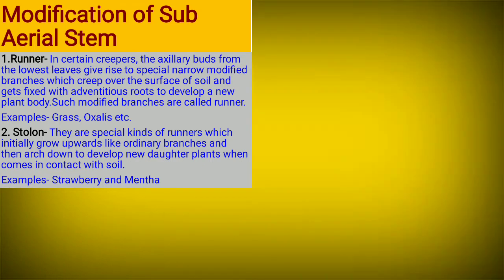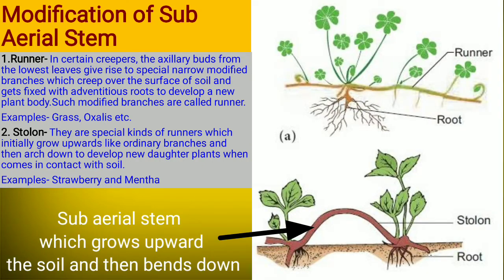Now next comes the stolon. Stolons are the special kinds of runners which initially grow upward like ordinary branches and then arc down to develop new daughter plants on coming in contact with the soil. So from the diagram, I hope that all of you can understand what it is like.